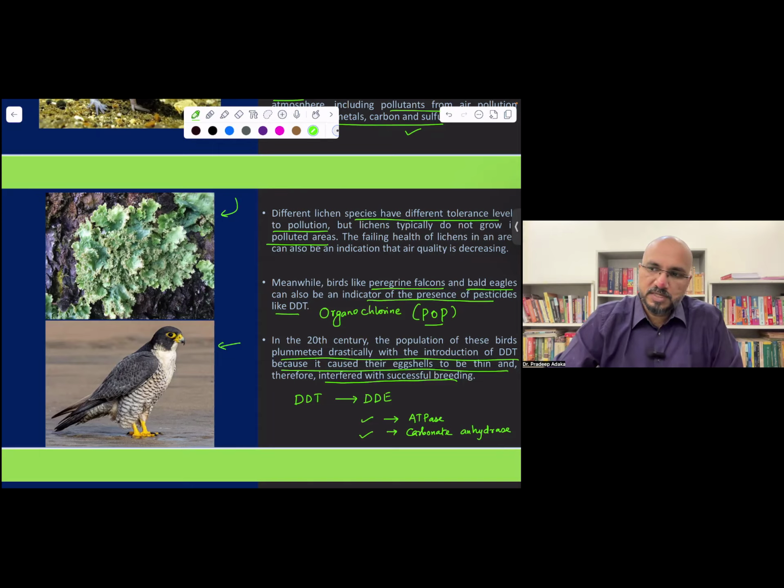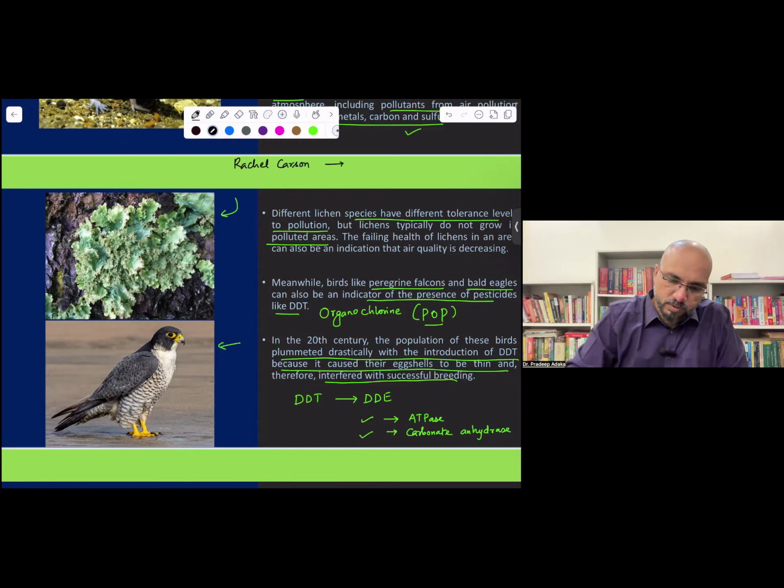So the bird population got significantly affected, which was one of the main reasons for the environmental awareness in the mid 20th century in USA. There is a very famous author, Rachel Carson.